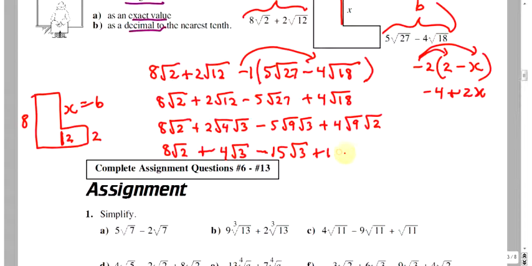Can I collect anything here? Can I add or subtract radicals because they have the same index and radicand? Yep. Root 2's, I got 8 of them. And I have 12 root 2's. How many root 2's is that? 20 root 2's.